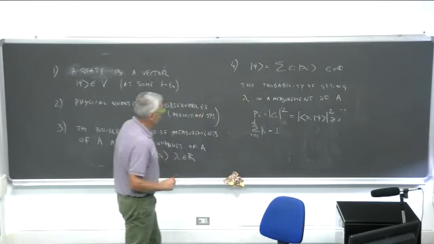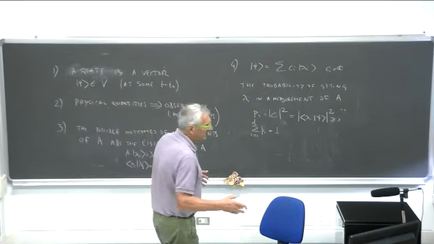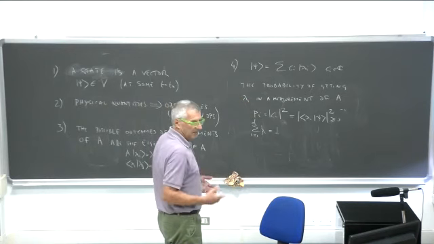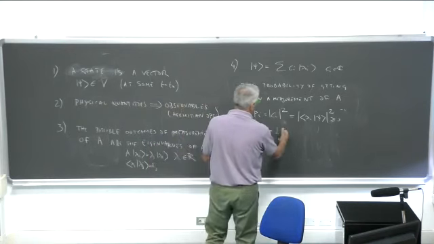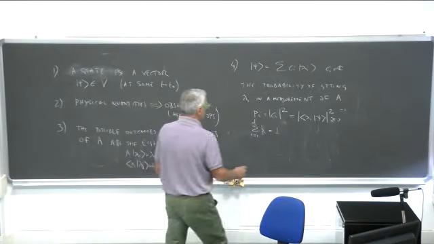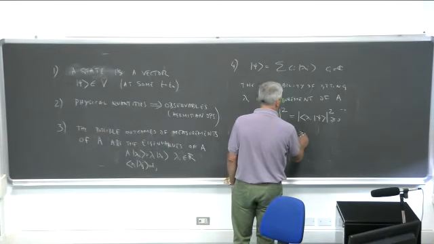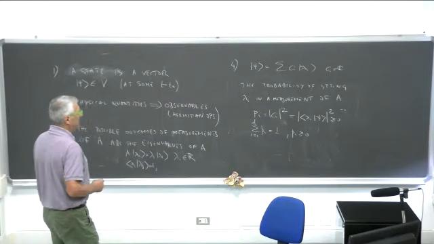Because when you make a measurement, for sure you will get some eigenvalue, so the sum over all the probabilities must add to 1. And this is the condition which defines a probability.